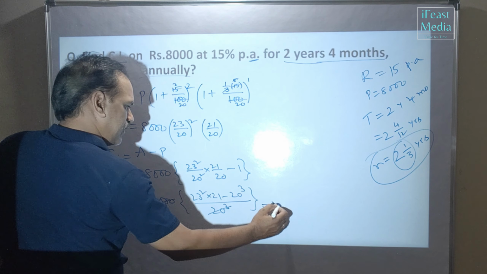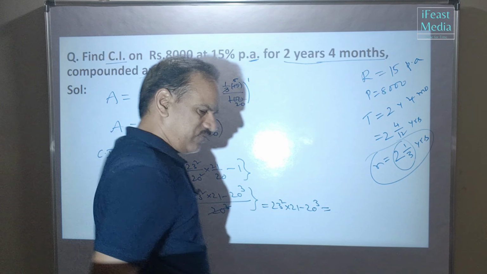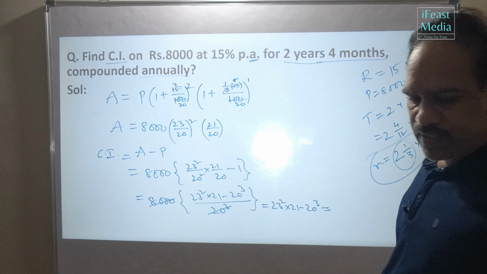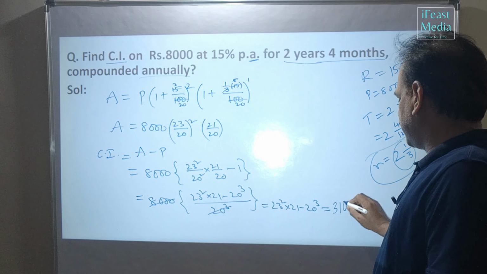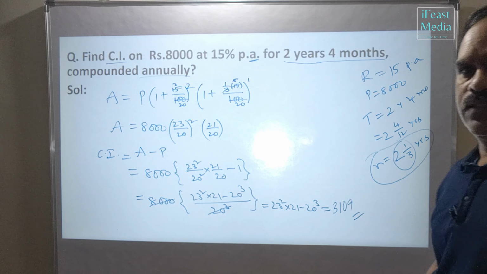So it is 23 square into 21 minus 20 cube. If you simplify this, what you will get is 3,109. 3,109 rupees. So that is the compound interest.